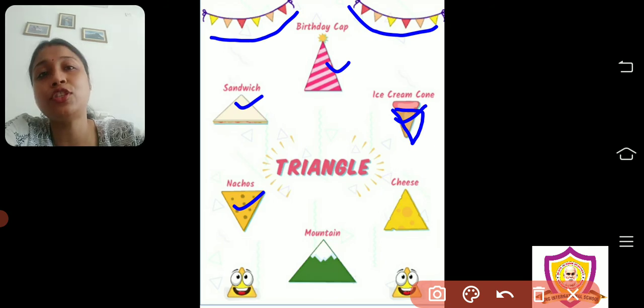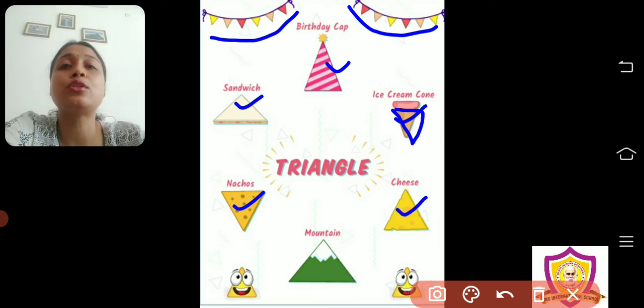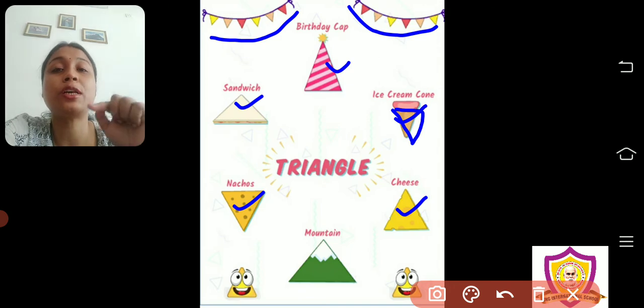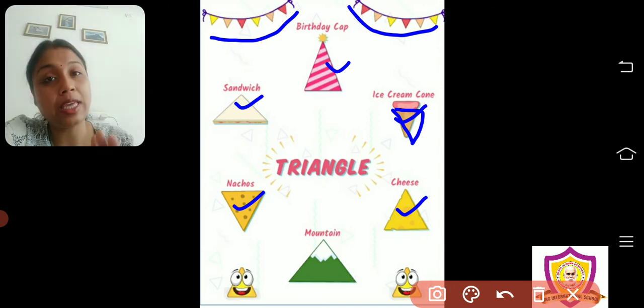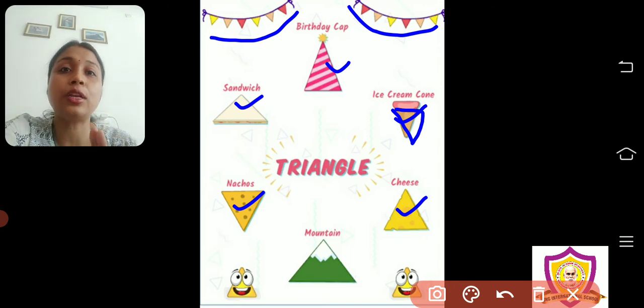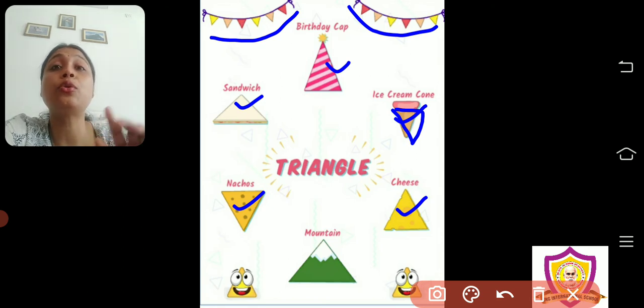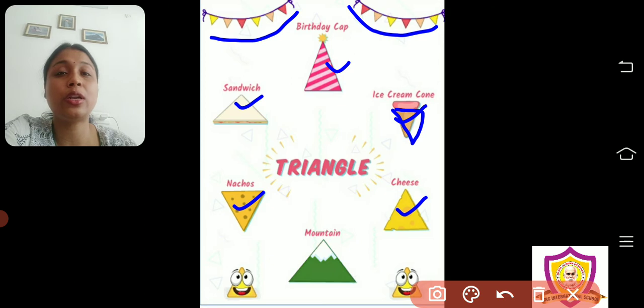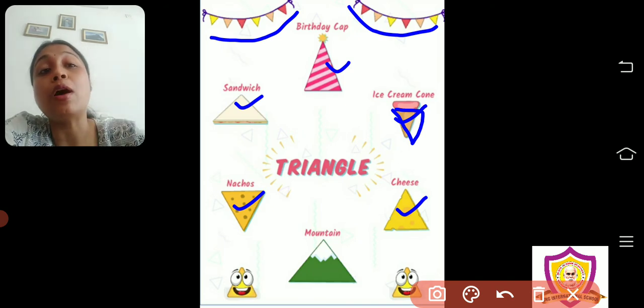Now come to cheese. We all love cheese. Cheese is also in triangular shape. Yes, we get cheese cube also, I know, but it is not triangular shape. But if we go to market, nowadays I am not able to go, you will see there's a big triangular shape cheese, and they will cut and give you. Now come to mountain.